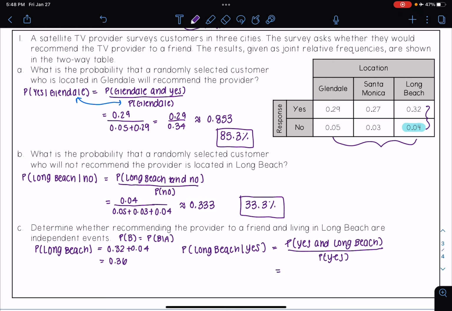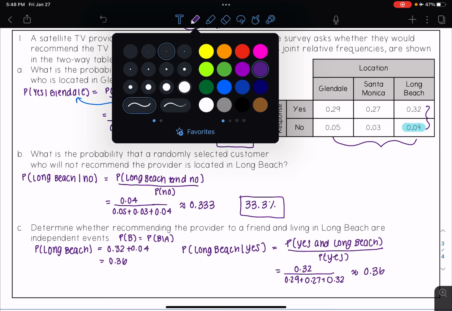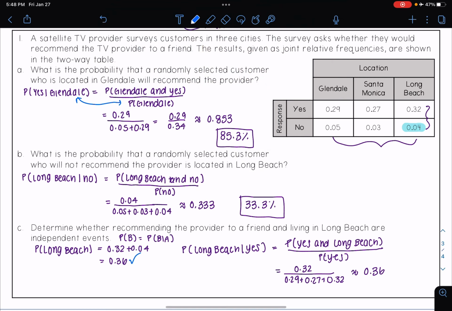Yes in Long Beach is 0.32. And then the probability of yes is the sum of that row of all the yeses, so 0.29 plus 0.27 plus 0.32. When you find that, it is approximately 0.36. Looking at those two, I see that they are approximately the same, approximately 0.36 for both. And so that would mean that these are, in fact, independent.